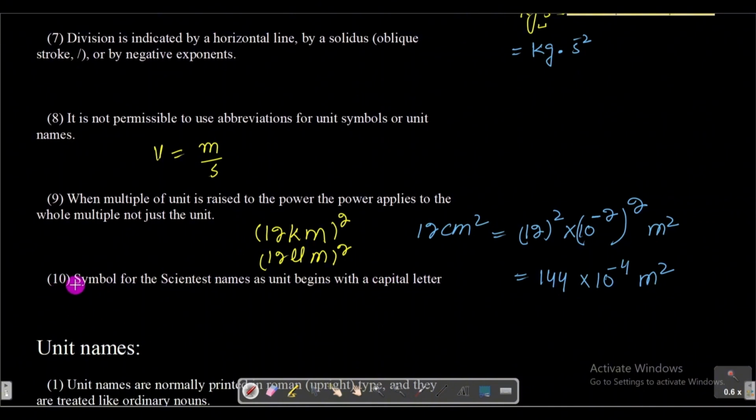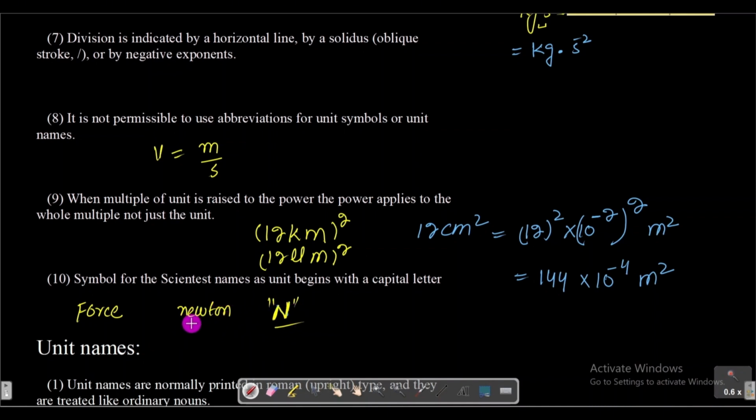And according to the last rule, if we have the physical quantity force, and its unit is Newton, and the symbol for the unit is N. If the unit is the name of the scientist, then we will write that unit symbol in capital letter.